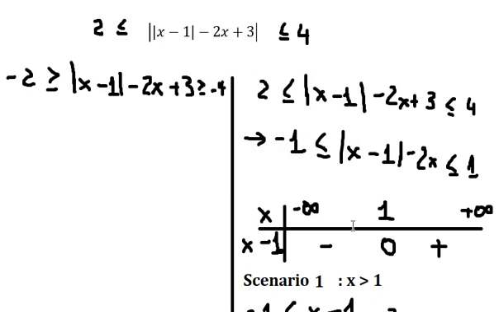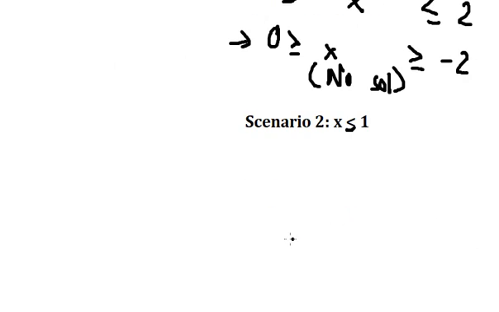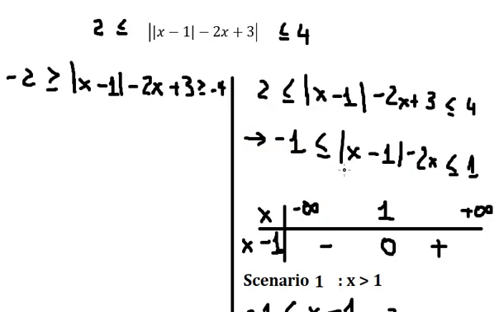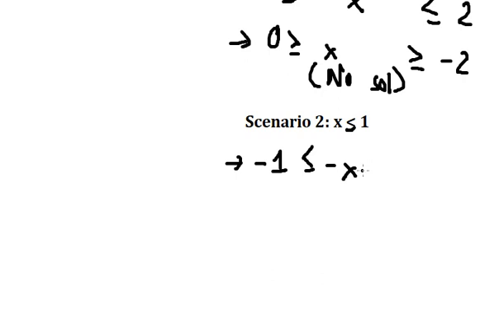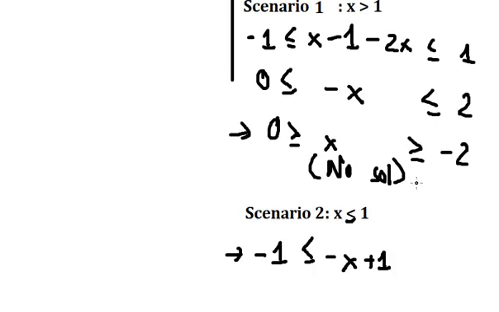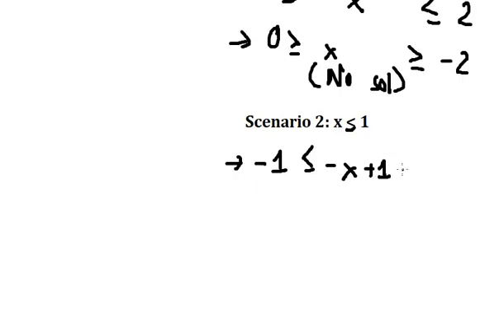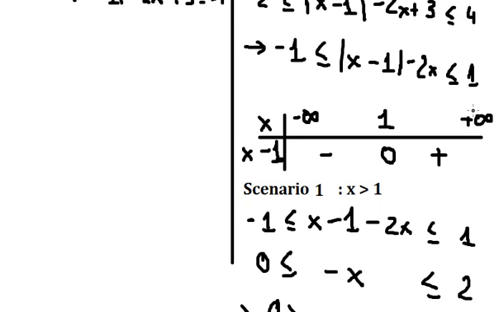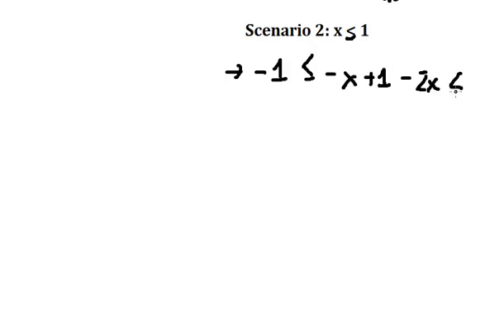So when we cancel the absolute value, we need to put the negative go in here. So we have negative s plus number 1. This one we have negative 2s and positive number 1.